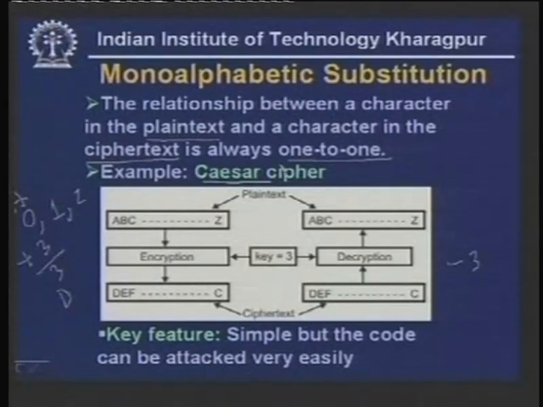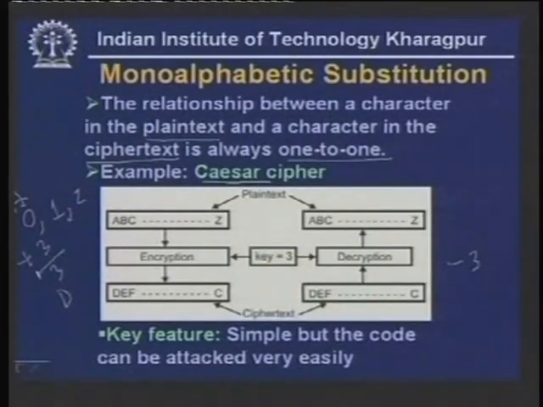So, we find that in case of this monoalphabetic substitution, the encryption and decryption operations are just the opposite. If we use addition for encryption, we shall use subtraction for decryption. If we use multiplication for encryption, we shall use division for decryption. So, for encryption 3 is added to generate the cipher text, and 3 is subtracted from the cipher text to get the plain text. So, this is how encryption and decryption is done.